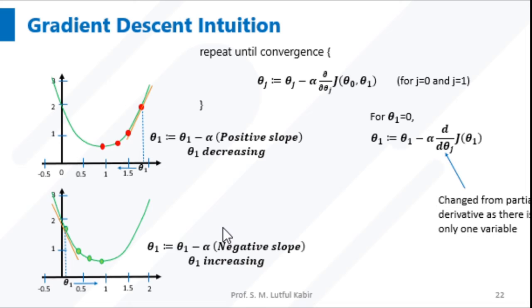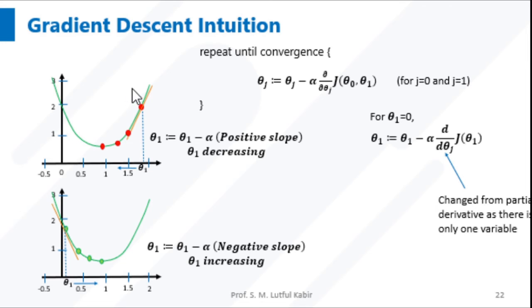So if I apply the same formula, we end up with theta1 minus alpha times a negative number. So it means theta1 will be increasing because you are adding something to theta1. That's why it will be advancing toward the minimum point.